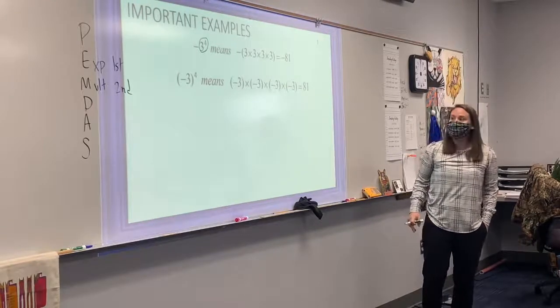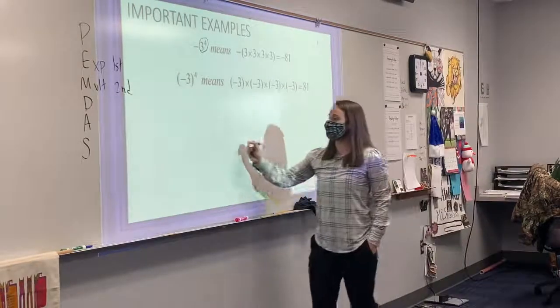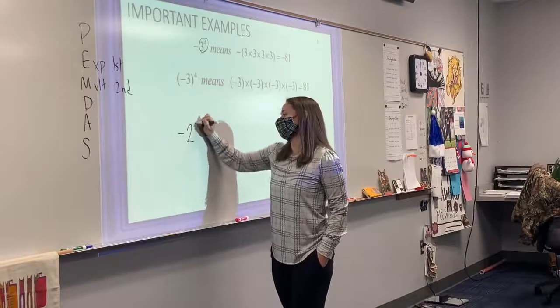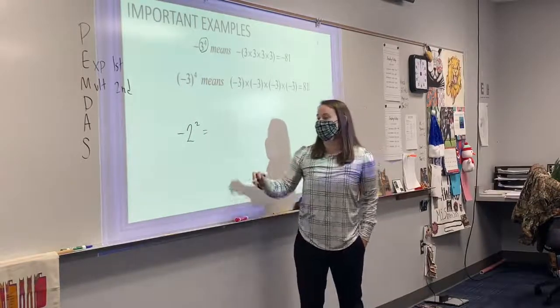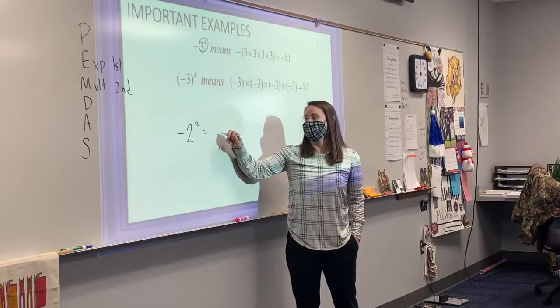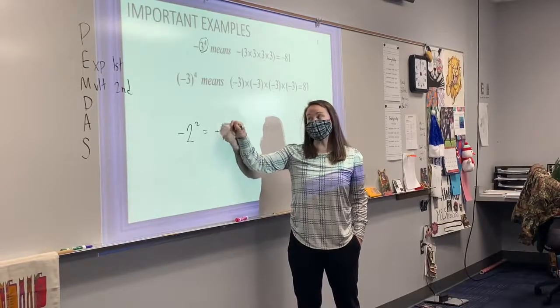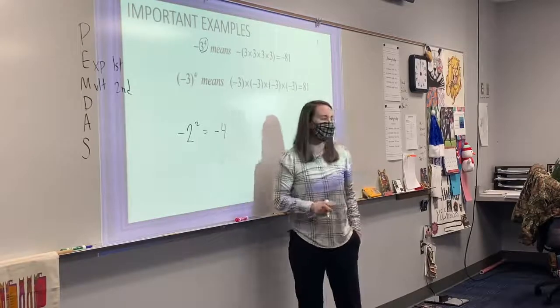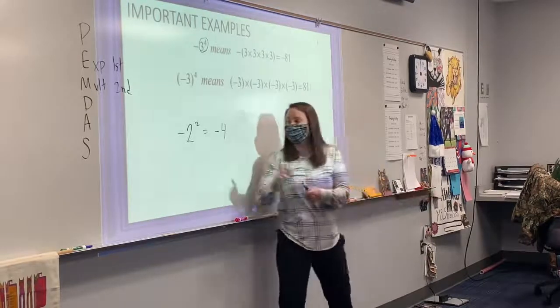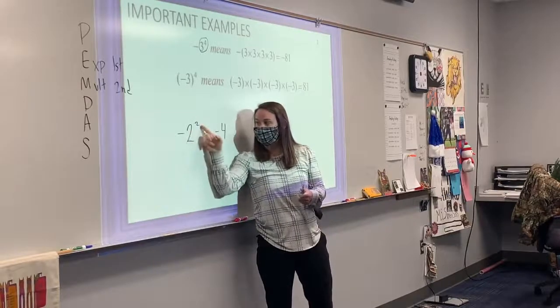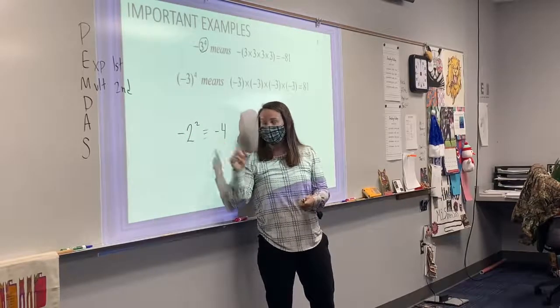Believe it or not, if you do -2 squared in your calculator, what do you think you'll get? You'll get a -4. I have so many students who are like, Ms. Sorensen, my calculator's wrong. Actually, no, it's not. It's doing 2 squared first, which is 4, and then multiplying it by -1.